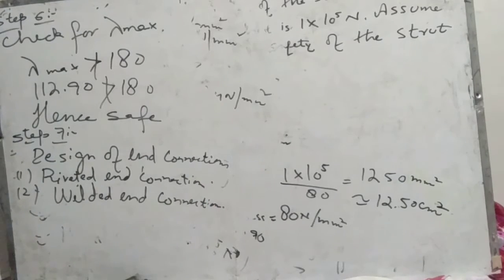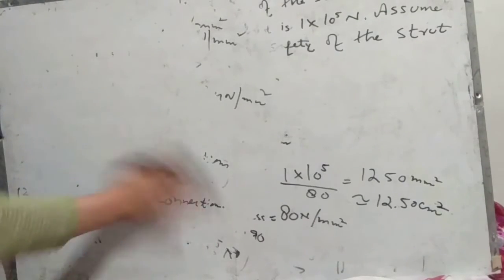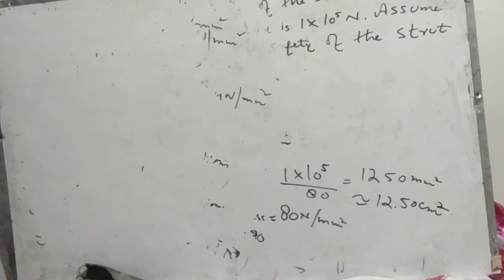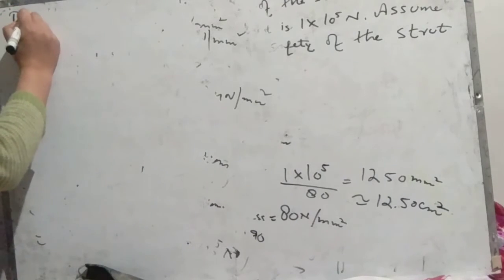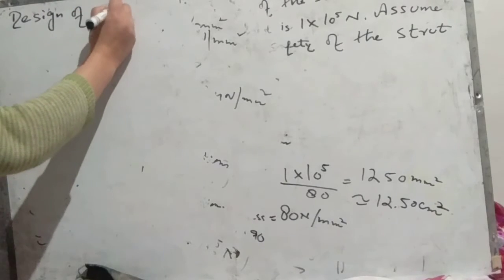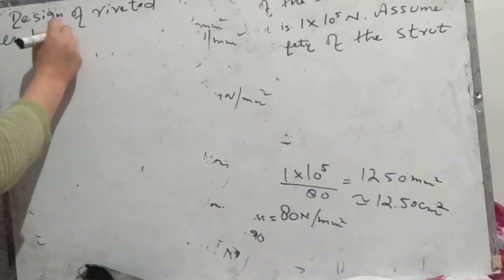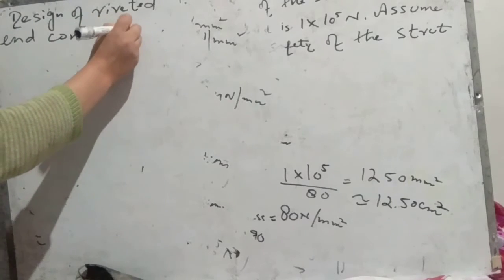These connections I have taught you in, I guess, the first unit. Now you can design your end connections either by riveted end connections or welded end connections. Now first we will design by riveted end connections.